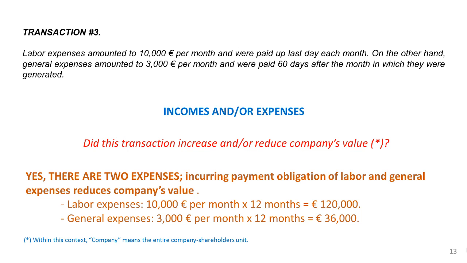The resource whose consumption is related to labor expenses is the possibility to use the company's human resources during 2016. This resource can't be stored. As time goes by, the resource is consumed, and Copen incurs the obligation to pay for it. The same can be argued about general expenses. On the other hand, this transaction does not involve any income.